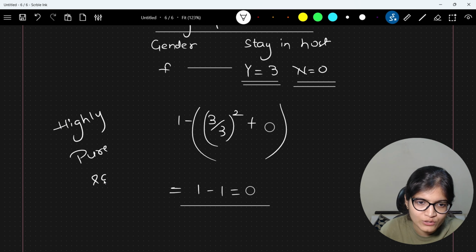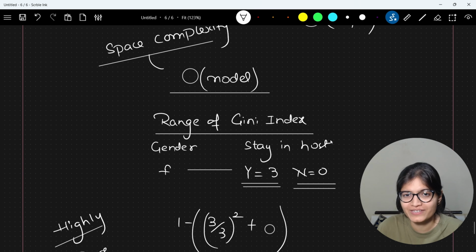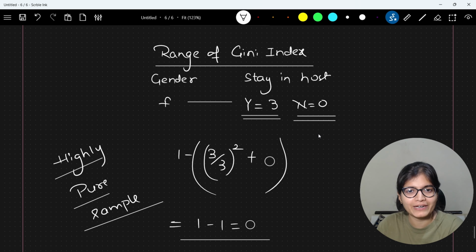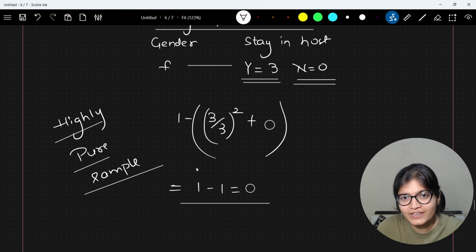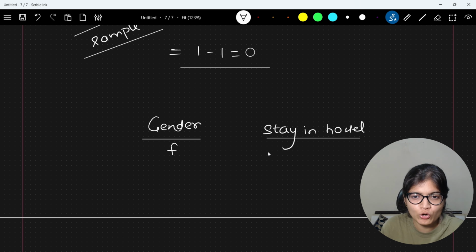Where the value is equal to 0. What is the meaning of an impure sample? A highly impure sample is where there is an equal probability. For example, gender is female, and a person staying in hostel, how many of them are yes?